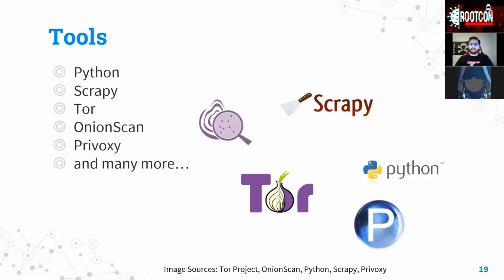OnionScan is another great tool to identify whether an onion website is up or not, or different correlations between different onion websites. Coming to privacy, you would always want to access the dark web over some SOCKS proxy or over some VPN, just for that added layer of protection.